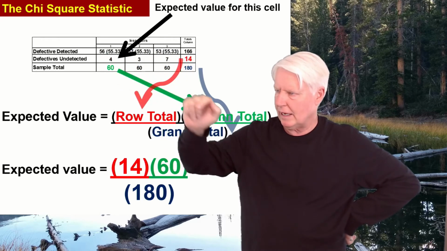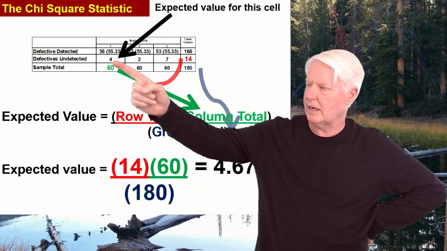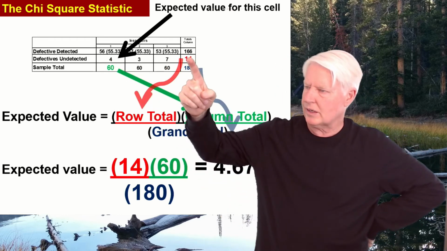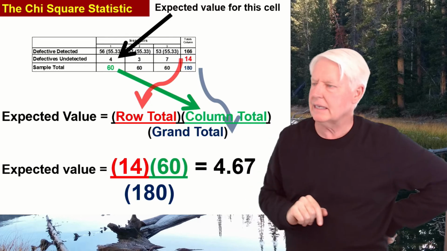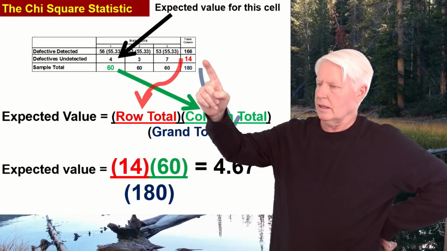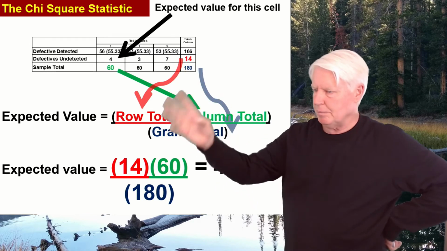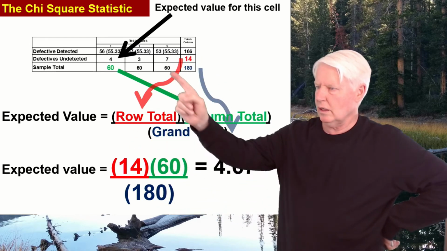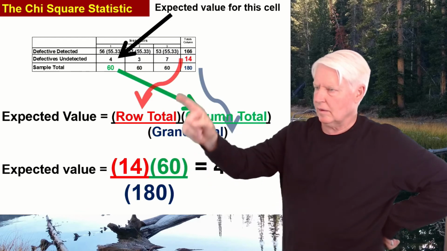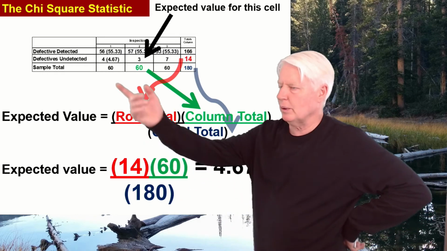Now let's go ahead and do the same thing for this second row. Notice the row total is different. The first row had a total of 166. The total of this row is 14, so that's going to change everything. Anyway, I plug in my numbers just like I did last time. There's my row total, column total, grand total, and it gives me 4.67, so I put it in parentheses.